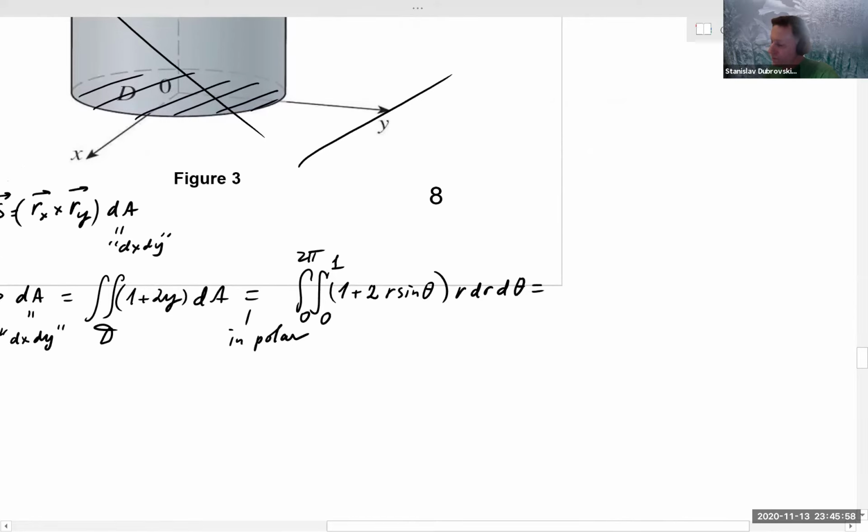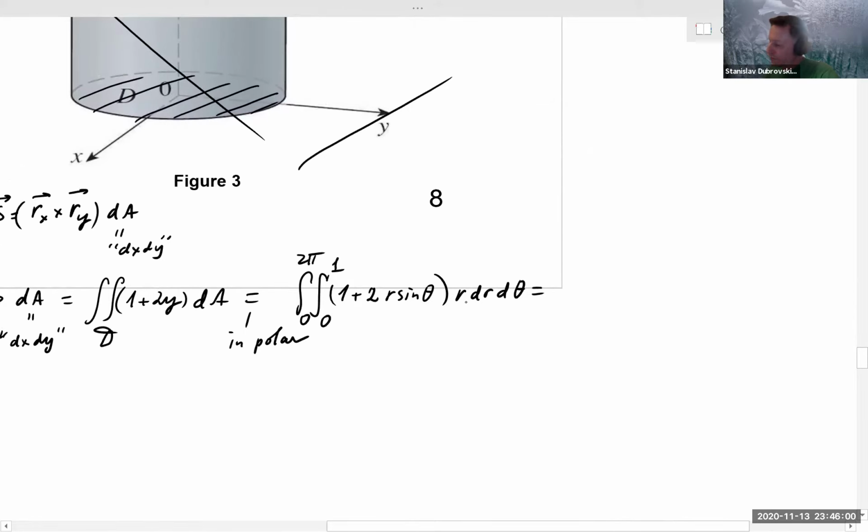So if we distribute this r, then we'll have to integrate r plus 2r squared sine theta with respect to r from 0 until 1, and then with respect to theta from 0 until 2 pi.